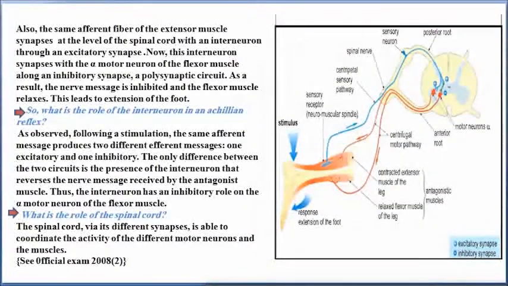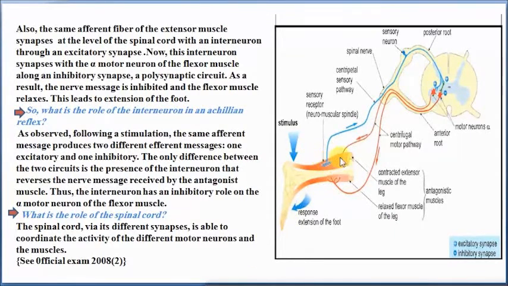So, as you have observed here in the Achillean reflex, the extensor is going to contract and the flexor is going to relax. So the concept of antagonistic muscle action is implicated in the Achillean reflex like any movement.